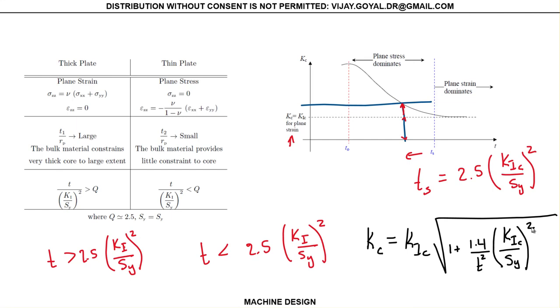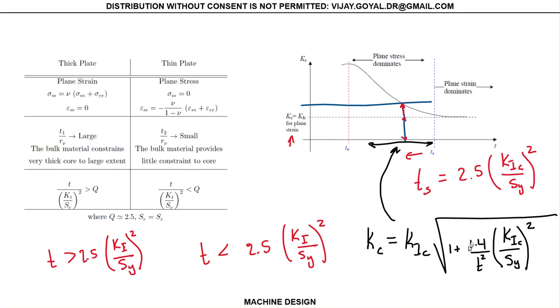So this is the relationship. Basically, this is for anything in this region, from this region and some t sub 0. So if you're in this region right here, you should use this equation as your limiting value instead of using your KIC that you get from your tables. And this is going to bring you some relief, okay?